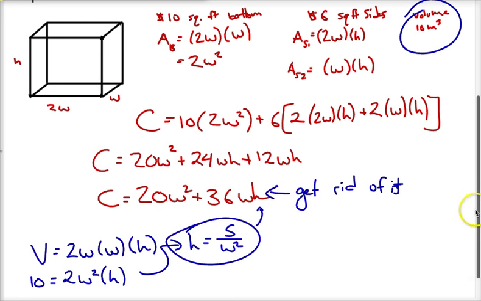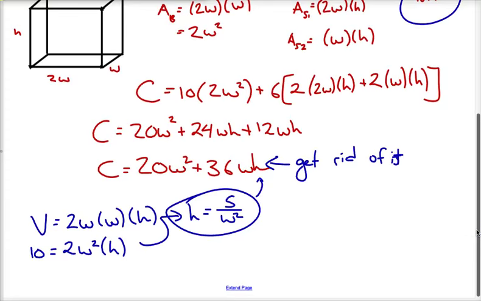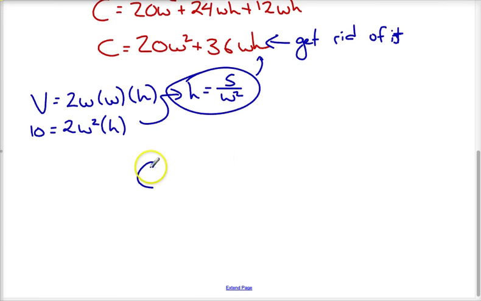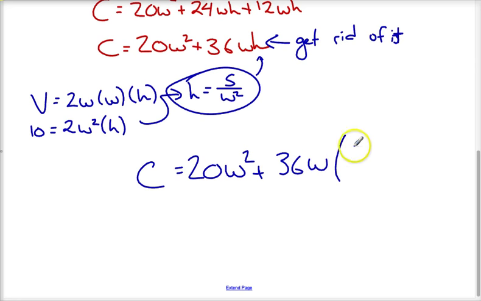And so I can take this value and plug it back in here, and I can finally get a cost function that is completely dependent on just the width of the box itself. And we've taken height out of it. So my cost function is going to be 20w squared plus 36w times 5 over w squared. And actually we can clean a little bit of this up too.